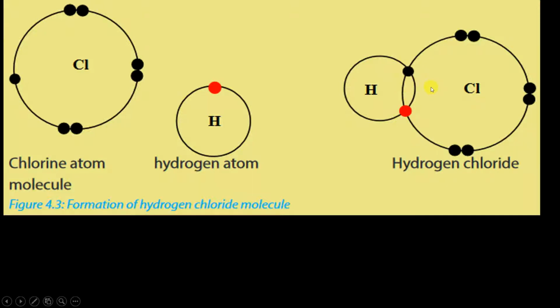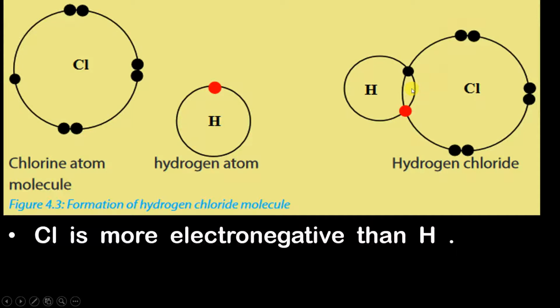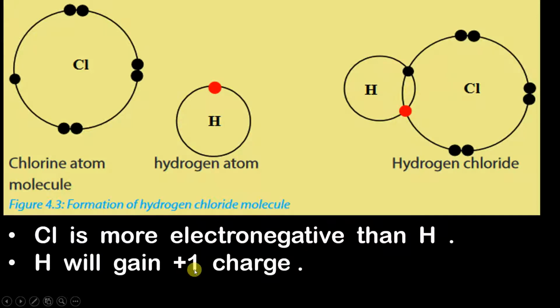So if both these electrons get transferred to the chlorine atom, can we say that hydrogen will gain plus one charge? Why will hydrogen gain plus one charge? Because hydrogen is going to lose its one electron, and therefore it is going to gain plus one charge.